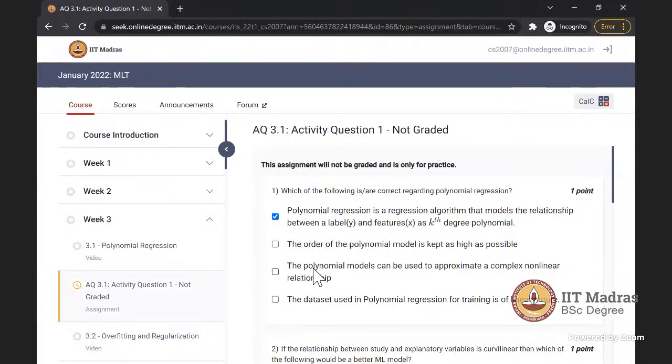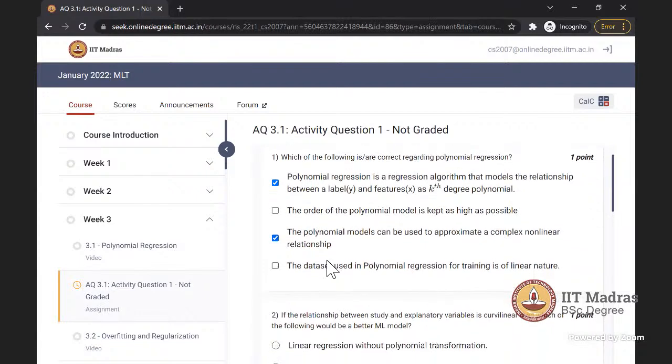So in the video, if I remember correctly, sir had explained an example in which the data points look like they are forming a sine curve, just one period of it. In order to fit the model onto that data, we are actually using polynomial regression. So I think this option is true.